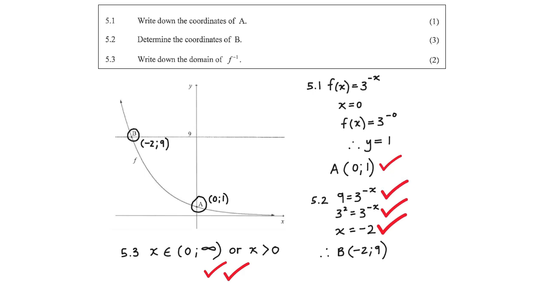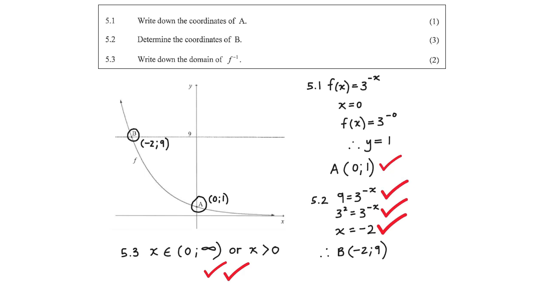Then, when solving the exponential equation, some students divided by 3. So remember, when solving exponential equations, you have to make the bases the same. You can't divide by the base. Then, in question 5.3, a lot of students determined the domain of f instead of f inverse.